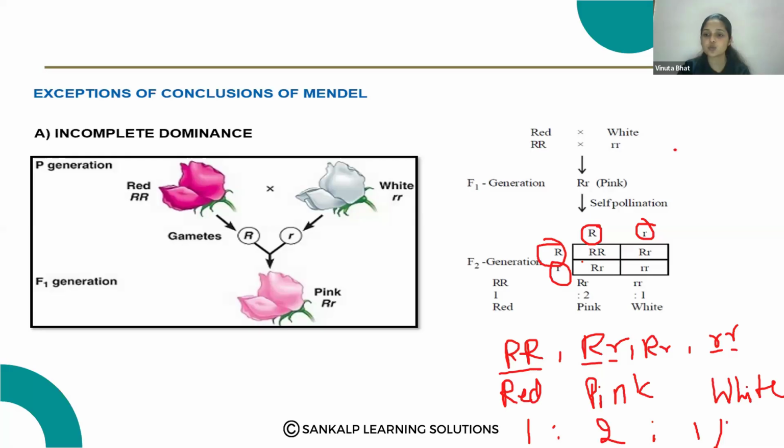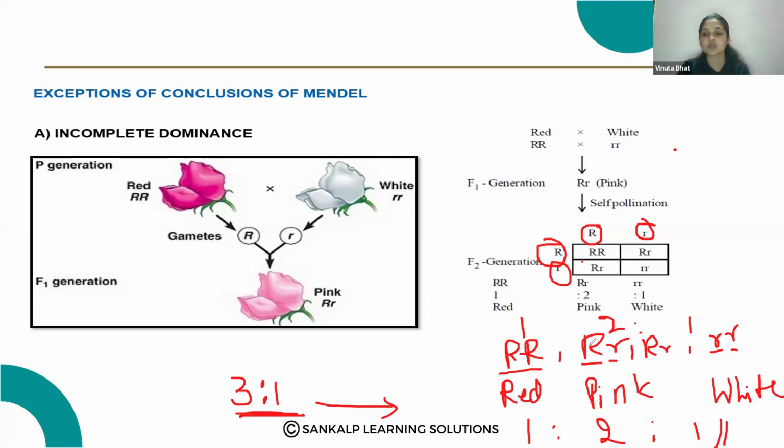That is 1:2:1. But in the monohybrid cross, when you take the height of the pea plant, the phenotypic ratio is 3:1. So the ratio is changed. When you see the genotypic ratio, capital R capital R is 1, capital R small r is 2, and small r small r is 1.